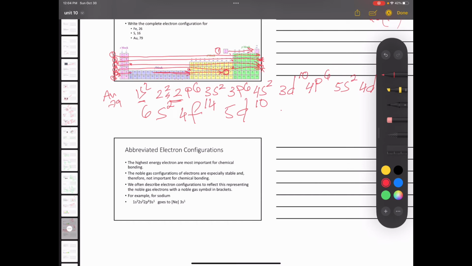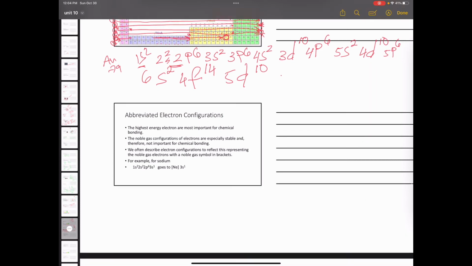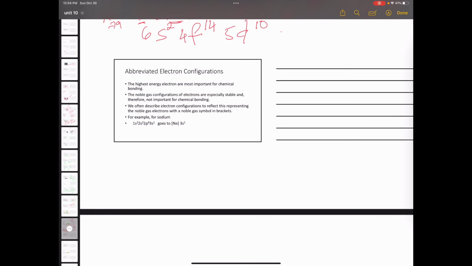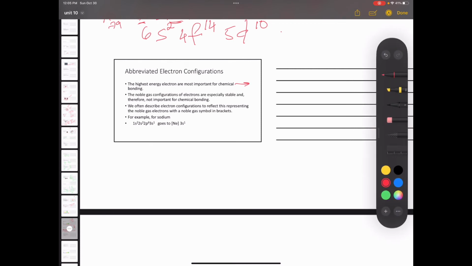What we focus on as chemists, as you know at this point, is only the electrons at the highest energy level, or what we also refer to as valence electrons.